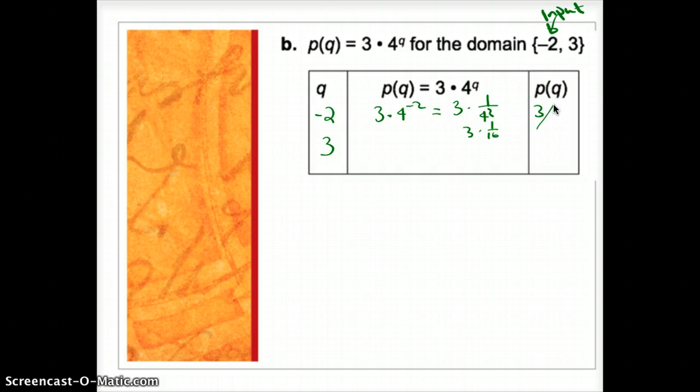So P of q should be 3/16 for that one. If I try the next one, it should be 3 times 4 to the third, and in that case it's going to be 3 times 64, and that should give me 192. Okay, so P of -2 would equal 3/16, and P of 3 would equal 192.